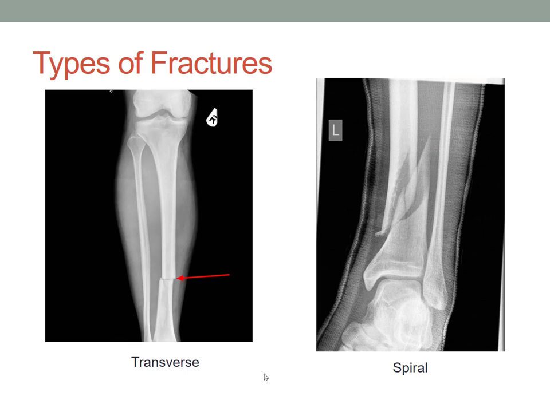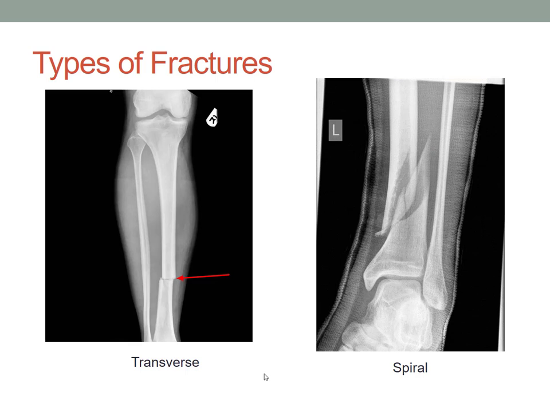The word transverse means going across something. You'll hear that quite a bit in anatomy and physiology. For example, you have the transverse colon, which goes across the abdomen. So with this example, you have a transverse fracture, which simply goes across the bone.